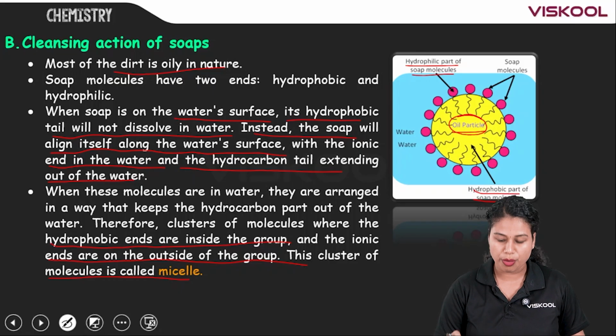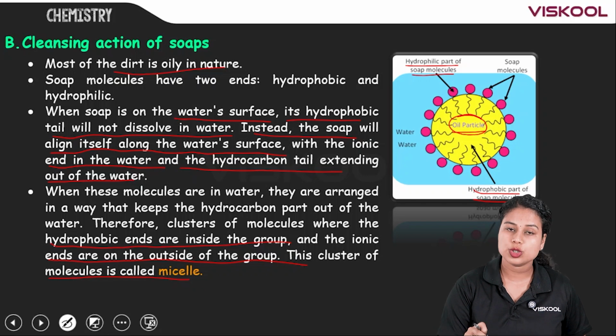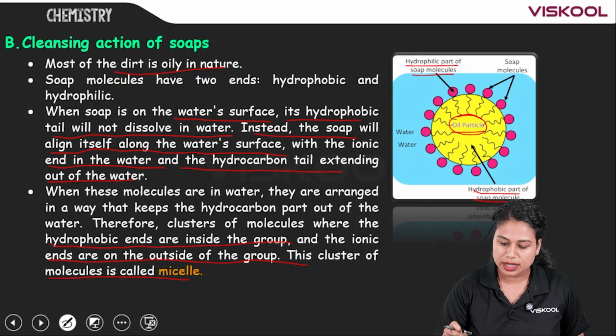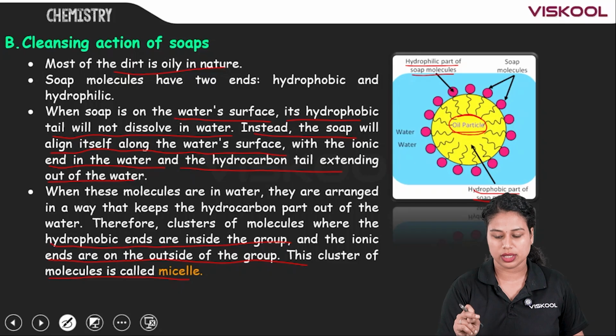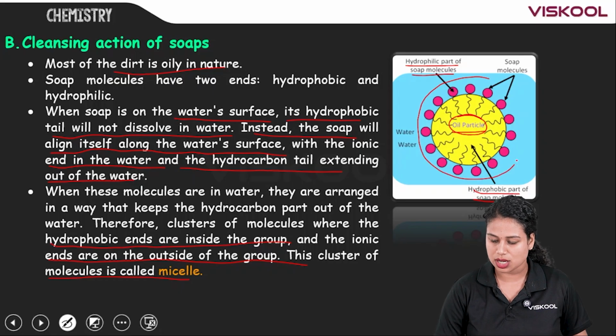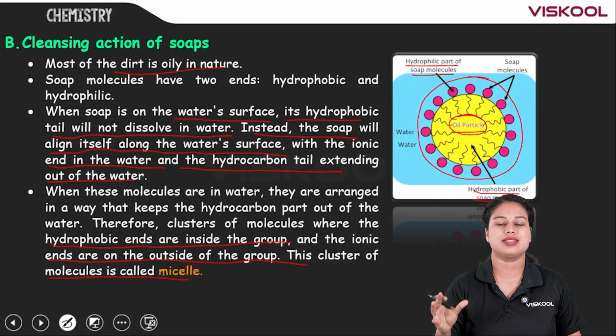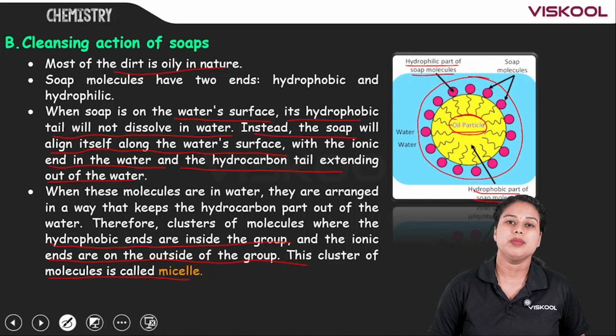The hydrophobic part of the soap molecule is inside the oil, and the hydrophilic part, which is soluble in water, will extend out near the oil molecule or the dirt molecule, thereby forming such a structure, and this cluster is what we can call a micelle.